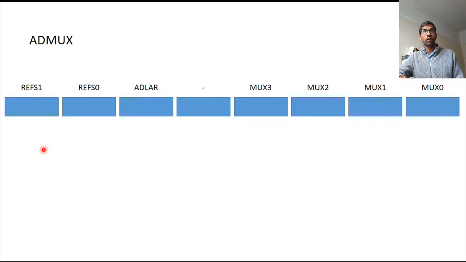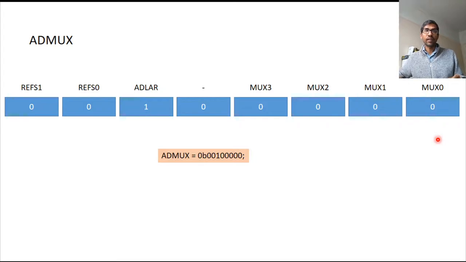Let's say what we want is to set this particular bit, which is ADLAR, to 1, and all the other bits we want to leave at 0. So how would you write this code in the microcontroller? My guess is you would find it fairly easy.